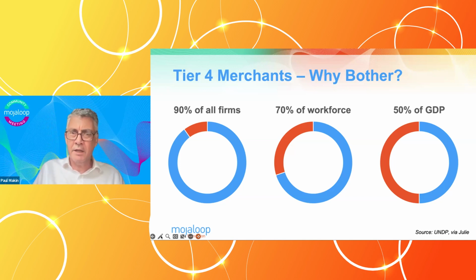Okay, we can look at LEIs, and that would help us a great deal in terms of our compliance and AML processing. But until we have a solution for tier 4 merchants, which I think should be around natural entity identifiers, then we're not doing the job properly.